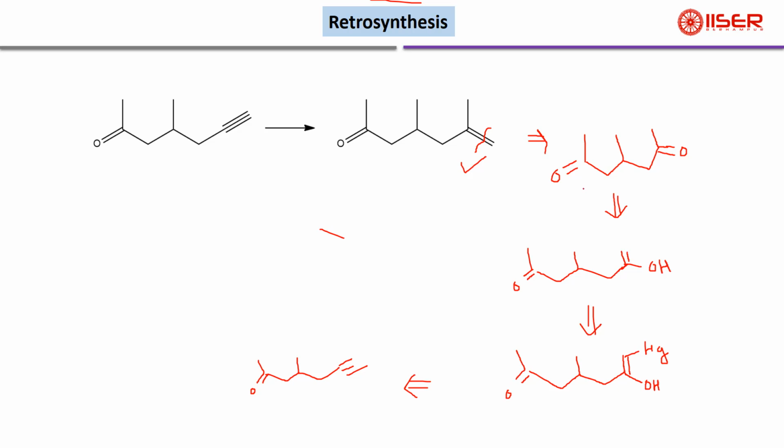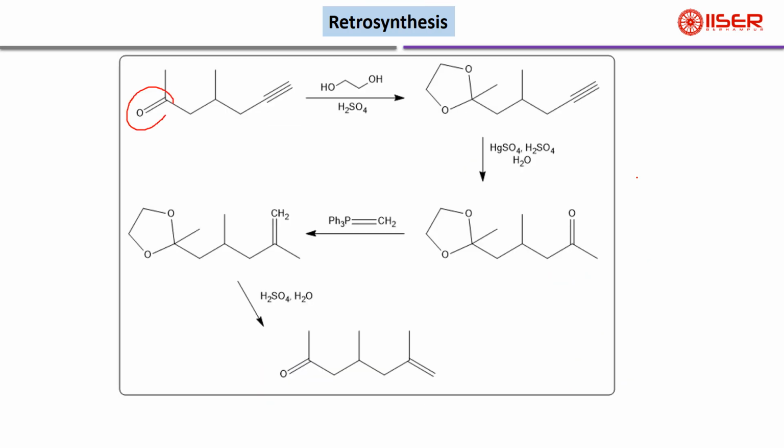In this step you can't perform a protection reaction, because both ketones are similar. So for the first step you have to protect this ketone, then perform the oxymercuration-demercuration reaction, and it will be a Wittig reaction of this ketone group. It will go CH2. In the last step you have to deprotect it.